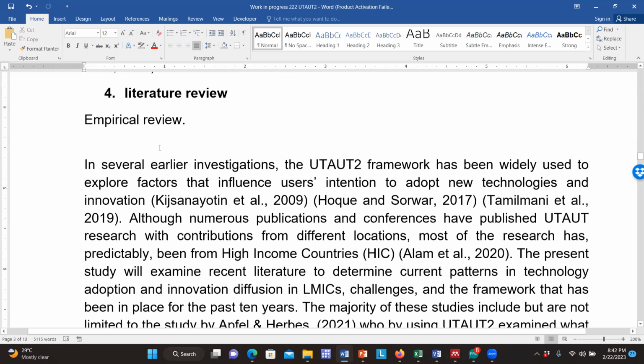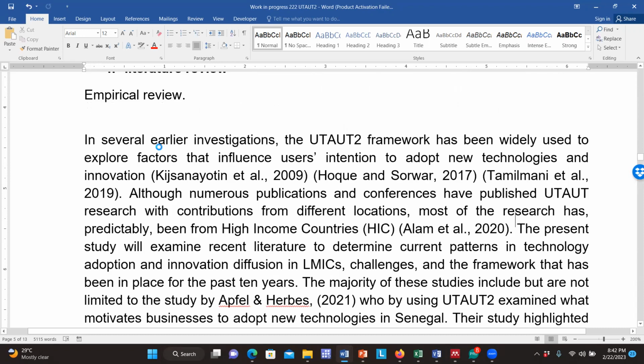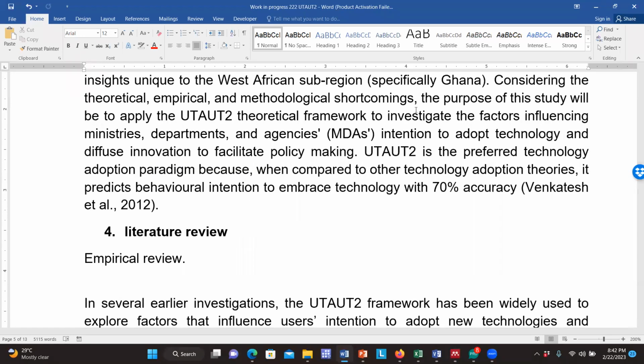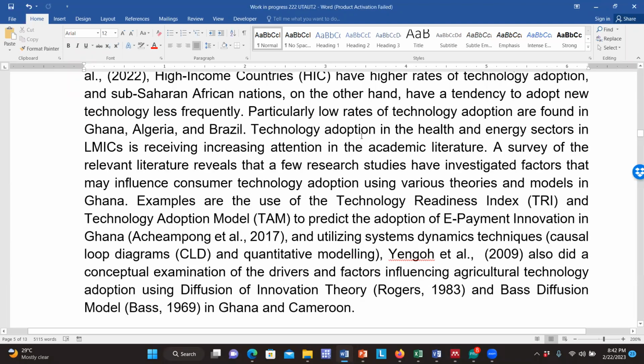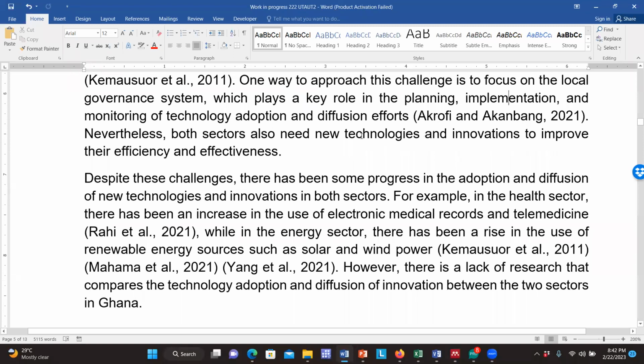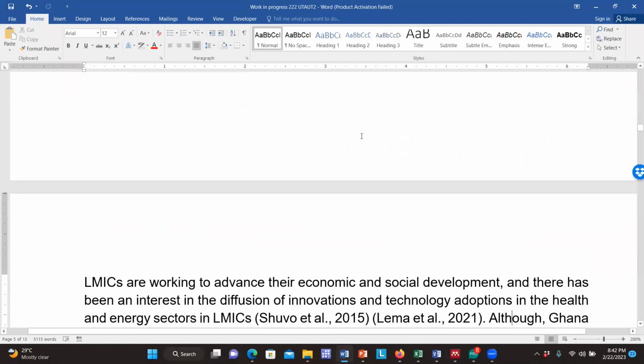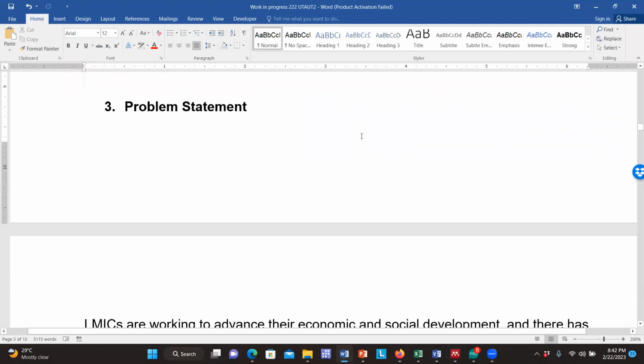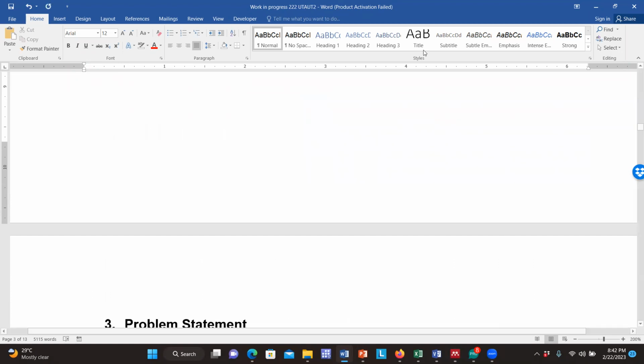Then you come to your problem statement. Oh, this literature review, sorry. You come to your problem statement. So take note that your problem statement, the current or recent literature that established the gap.